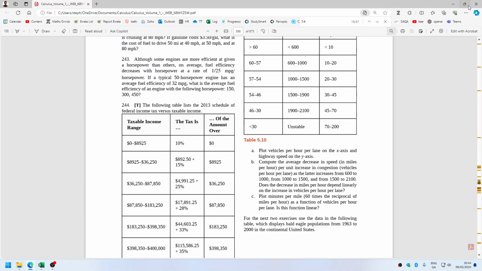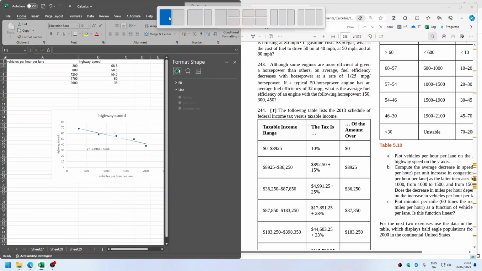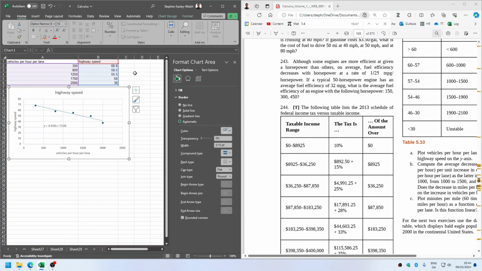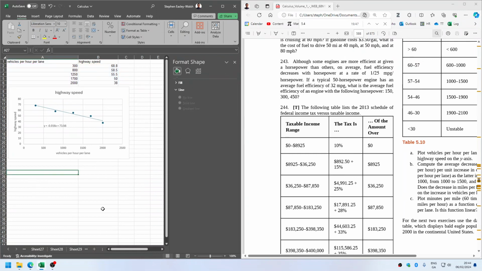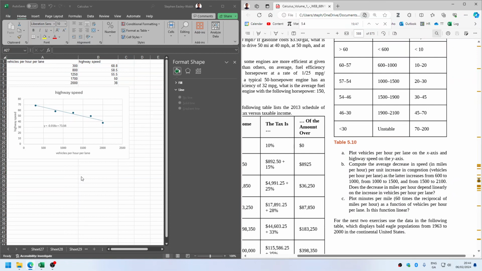Okay, let's compute the average decrease in speed per unit increase in congestion, which is vehicles per hour per lane.